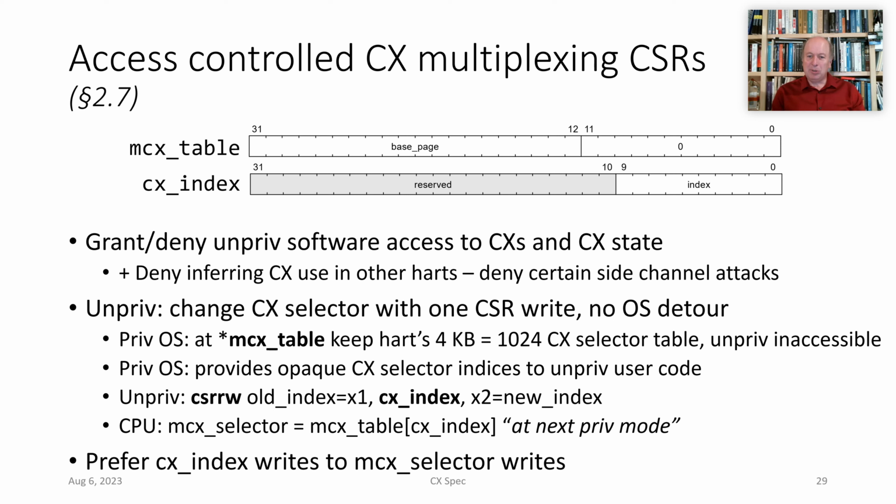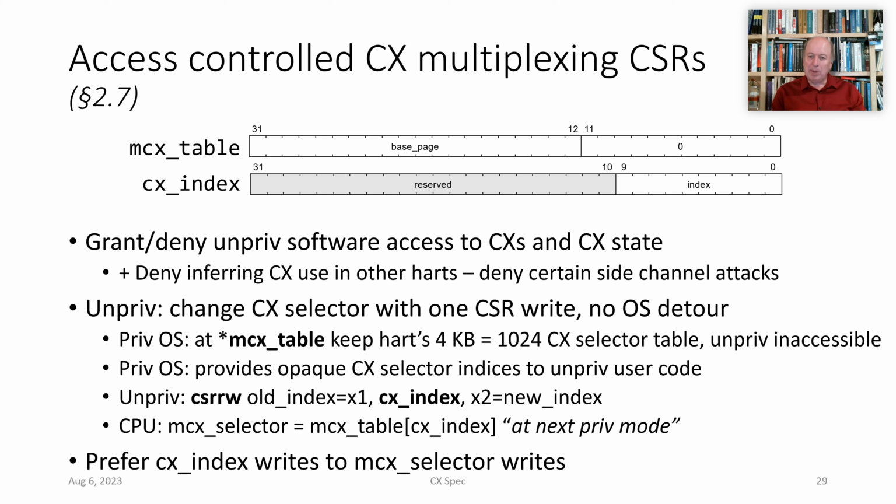The unprivileged code cannot write MCX selector, but can write CX index. In response to writing CX index, the CPU loads the corresponding MCX table entry using the next privileged mode access and writes that selector value into MCX selector on behalf of the unprivileged code.